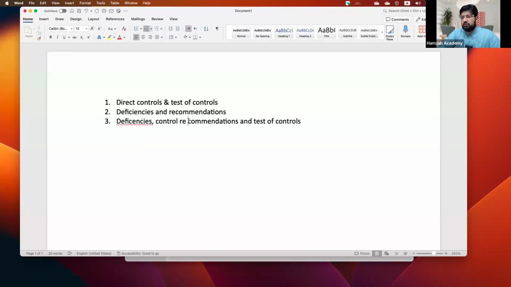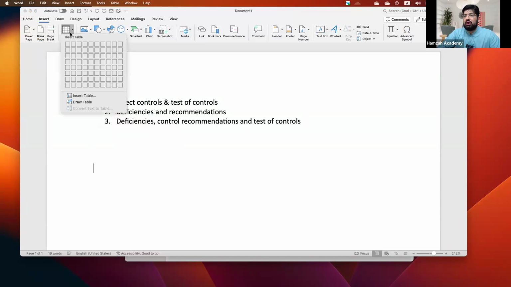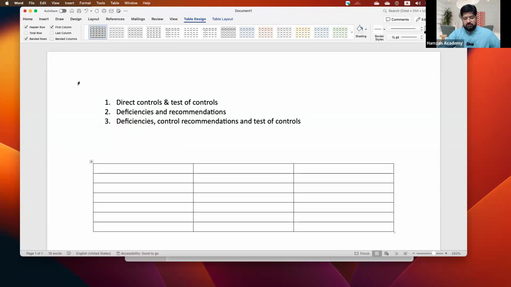So there will be 3 columns: deficiencies, control recommendations, and test of controls. 3 things are there.